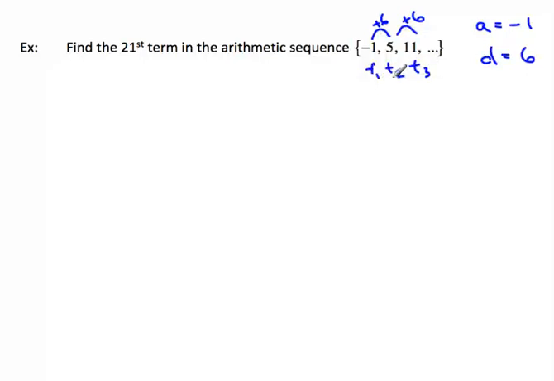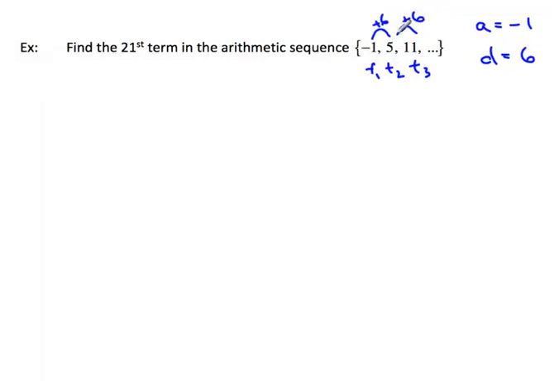To get from term 1 to term 2, we added one 6. To get from term 1 to term 3, we added a total of two 6s. We're adding the 6s in the spaces, so to get from term 1 to term 3, we added one less 6 than the total number of terms. Here there's 3 terms, but there's two 6s that we've added.